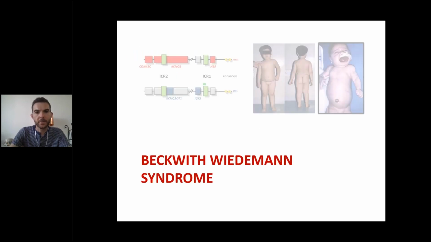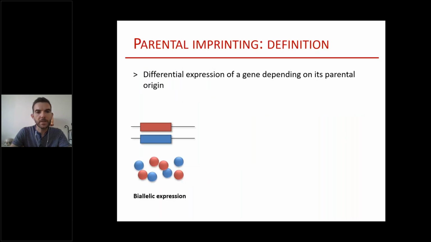The first part of my talk will be about Beckwith-Wiedemann syndrome, which is one of the imprinting disorders. So first I will introduce what imprinting is. Parental imprinting is defined by the differential expression of a gene depending on its parental origin. For most of our genes, the expression is biallelic, meaning that the paternal and the maternal allele have the same level of expression.